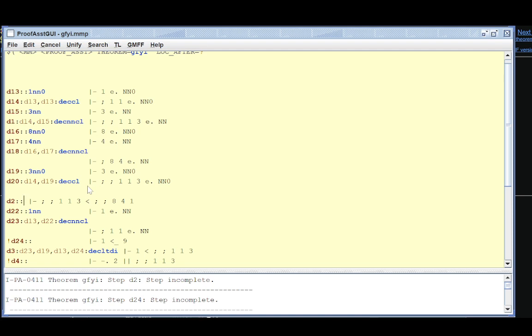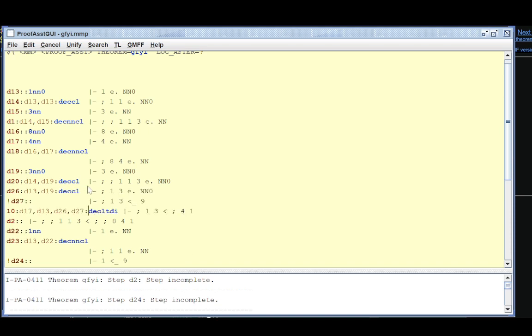I don't know exactly how to do that. I wonder if I do like 13 is less than 41, I don't know if it will allow that. Yeah, now it's saying 13 is less than 9.